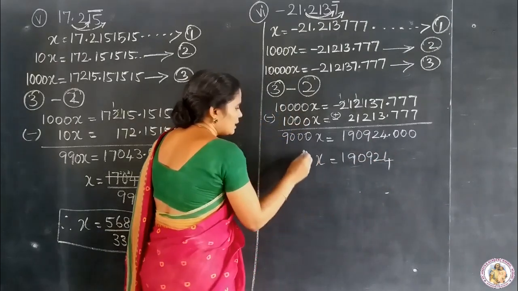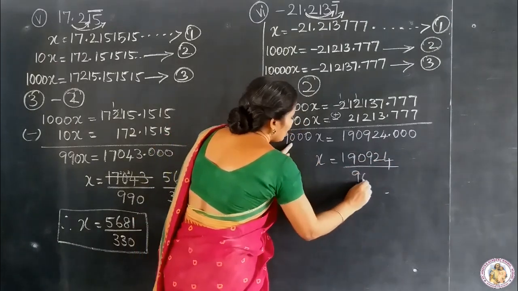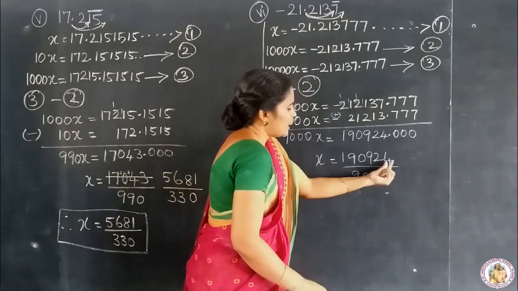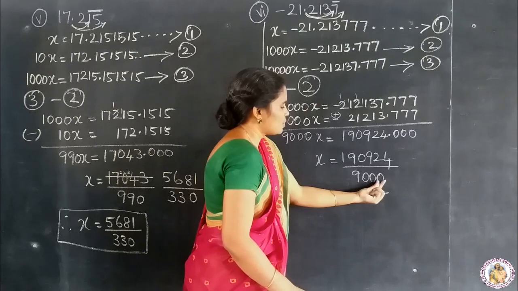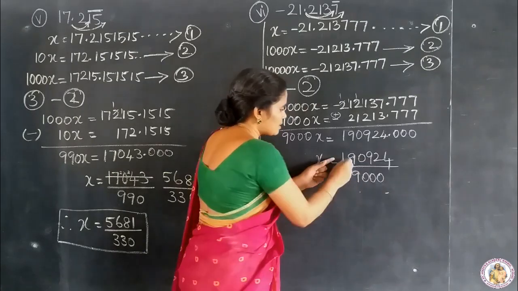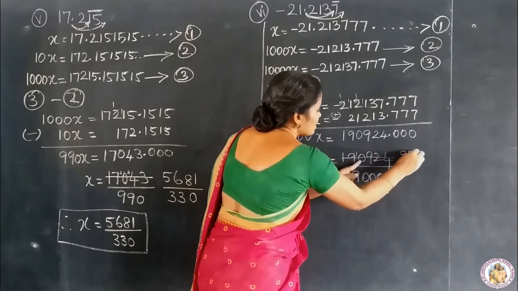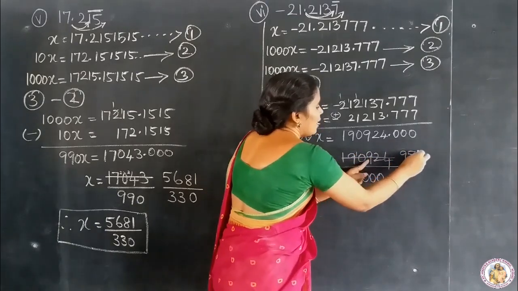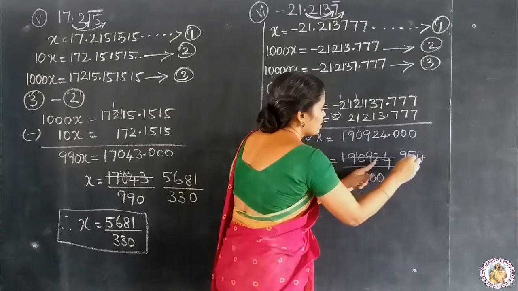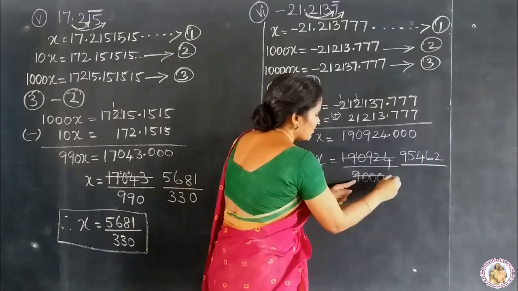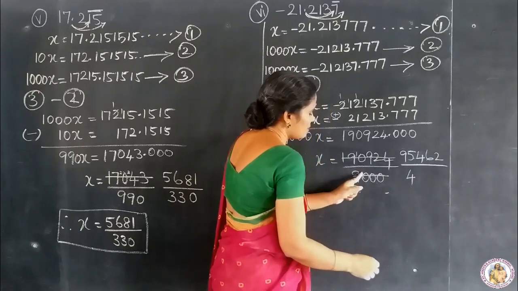So having x is equal to 190924 divided by 9,000. Okay. Last number is 4 and here we have 0. Both will go in 2 tables. 2 9s are 18, 5 2s are 10, 4 2s are 8, 6 2s are 12, 2 2s are 4.